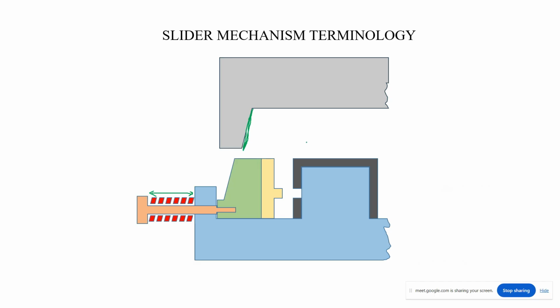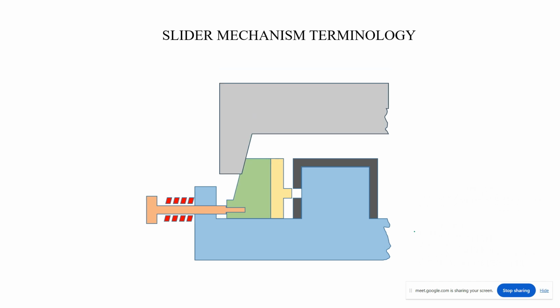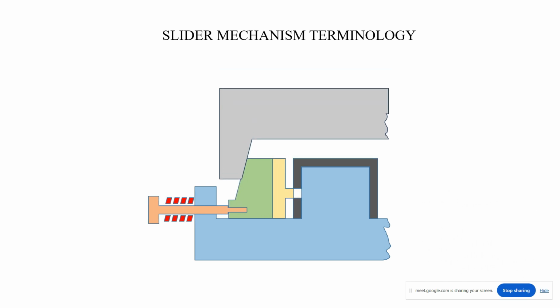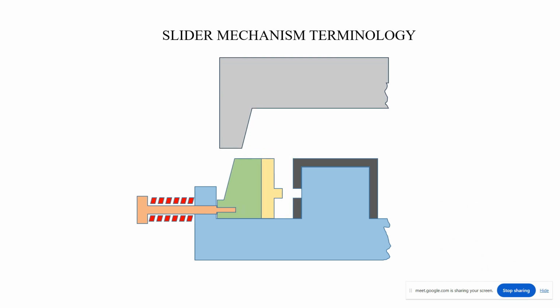This wedge, for example, has a radius like this. Anyone? Vijay? Please tell me what is happening here. It is synchronized, the ejector pins and the upper wedge.